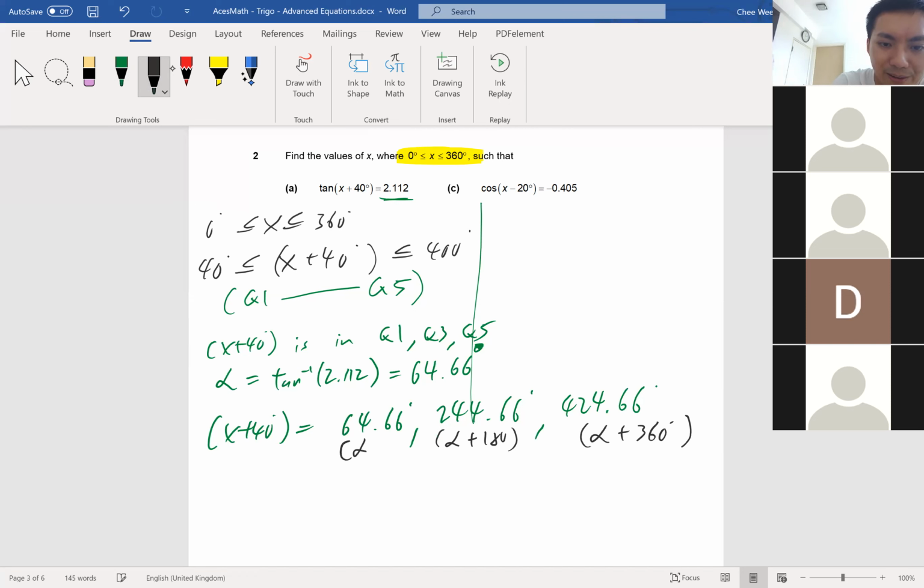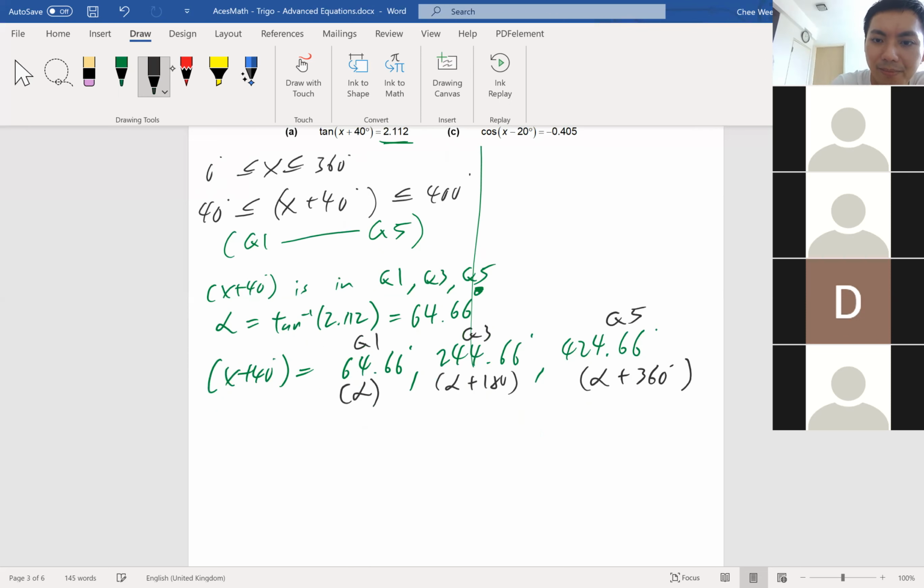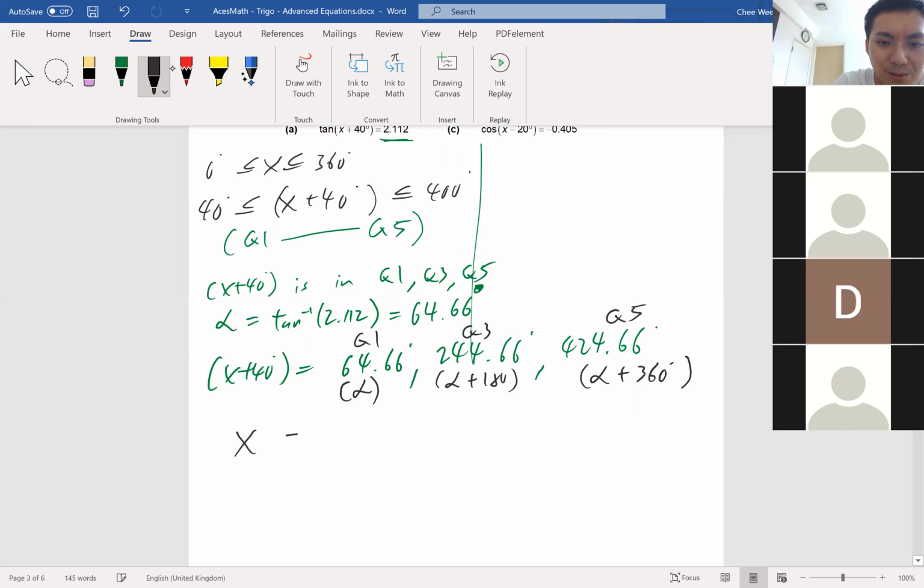Okay, so this is alpha. Q1, Q3, Q5, okay? Then finally, x is equal to 24.66, 204.66, 384.66. Get it now? Okay.